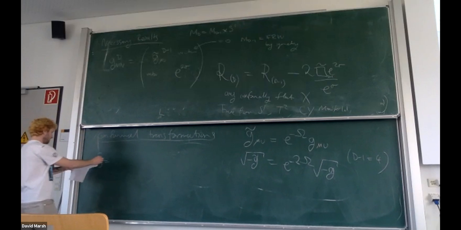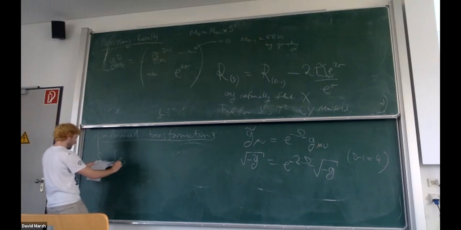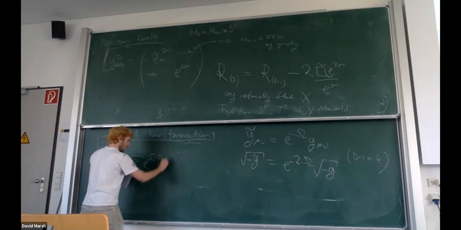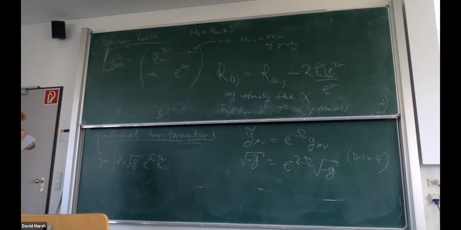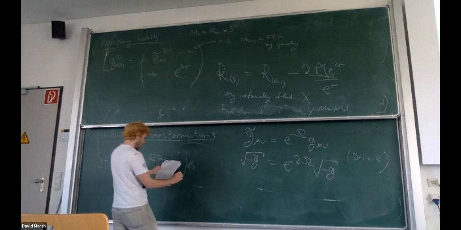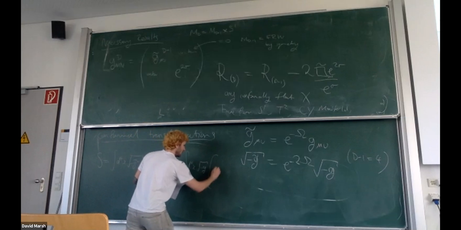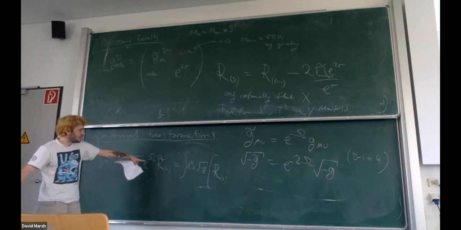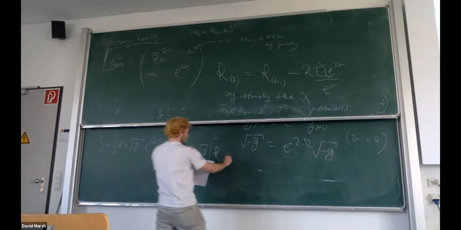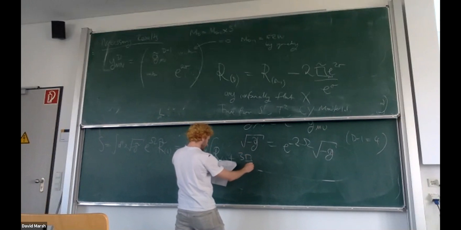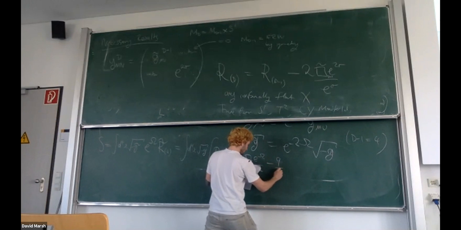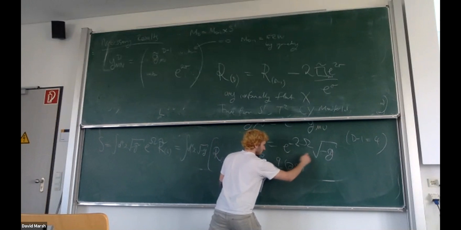Okay. Under such a transformation, the Einstein-Hilbert action, which is equal to the integral d4x square root minus g e to the omega R4, if I have an action that looks like this and I make that conformal transformation, I get the integral d4x square root minus g R. So I get rid of my e to the omega on Ricci, but then I get extra terms, which are 3 box e to the omega over e to the omega minus 9 over 2 (d omega) squared.